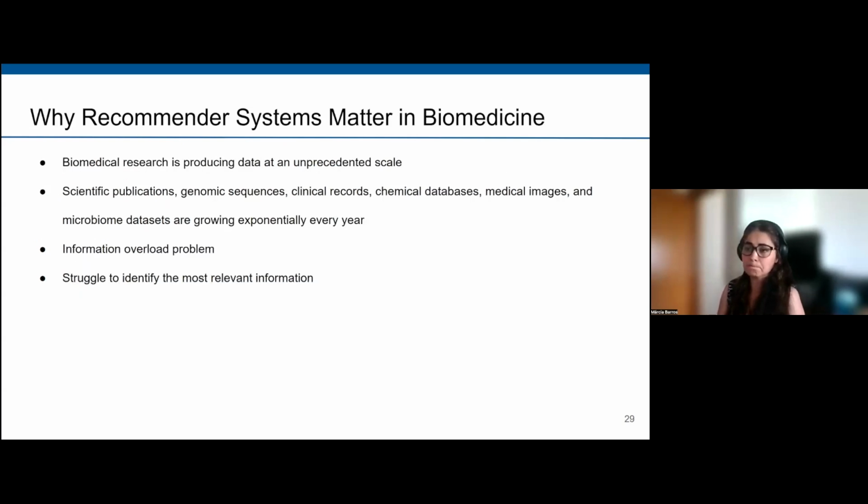So why do recommender systems matter in biomedicine? Biomedical research is producing data at an unprecedented scale. Scientific publications, genomic sequences, clinical records, chemical databases, medical images, microbes. It's growing exponentially every year. We have an information overload problem, and we struggle to identify the most relevant information.